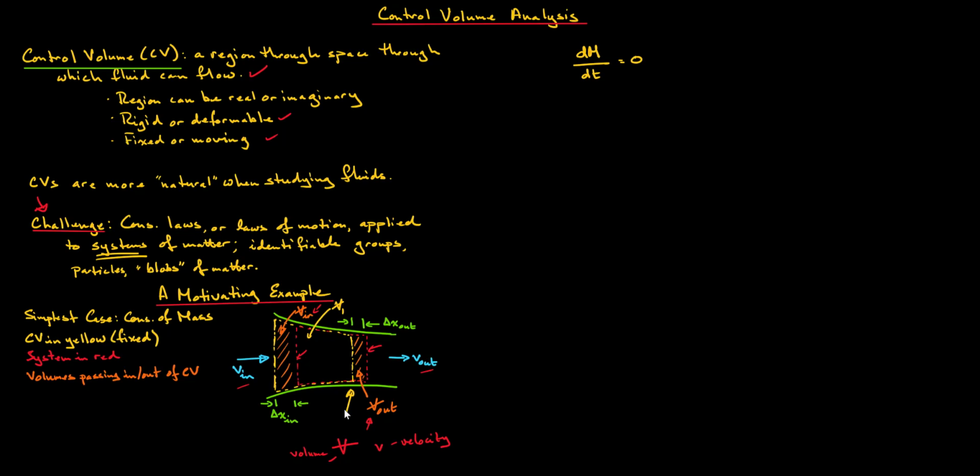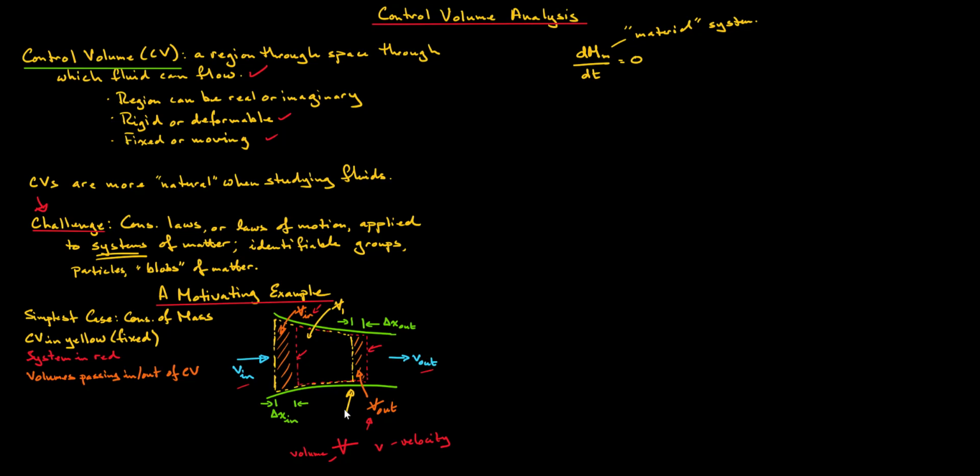We have an identifiable group of particles, and as time passes, this group of particles' mass will remain constant. We're going to use the subscript little m here, to say that this is a material system. This is terminology we use to say that this has to do with a real amount of identifiable particles.